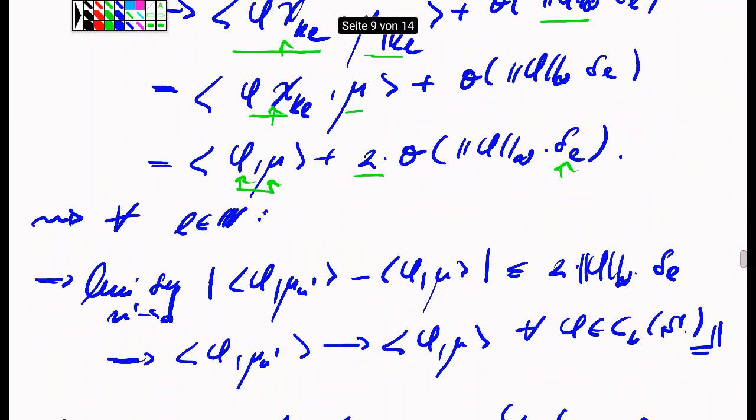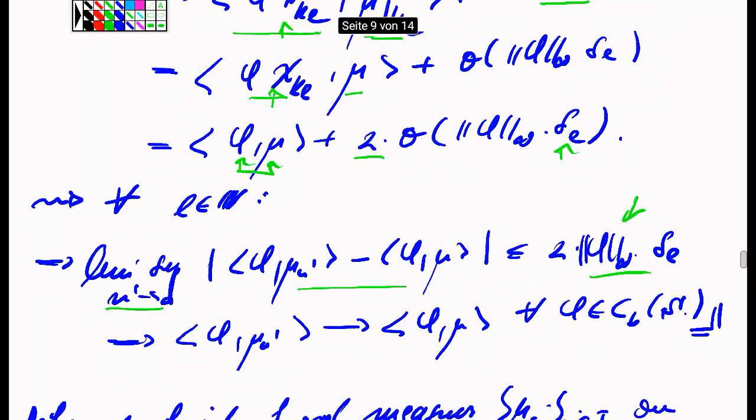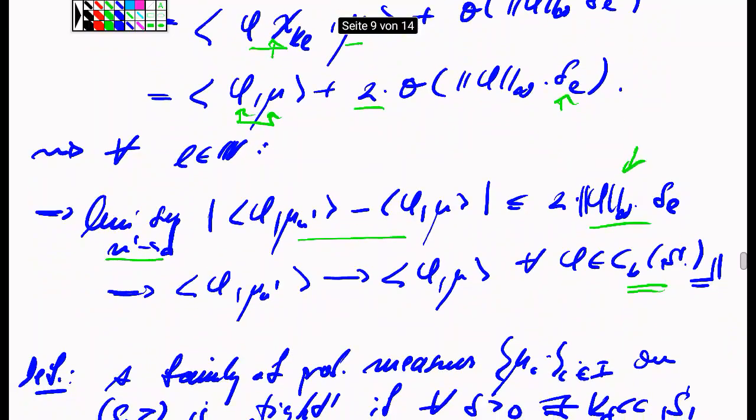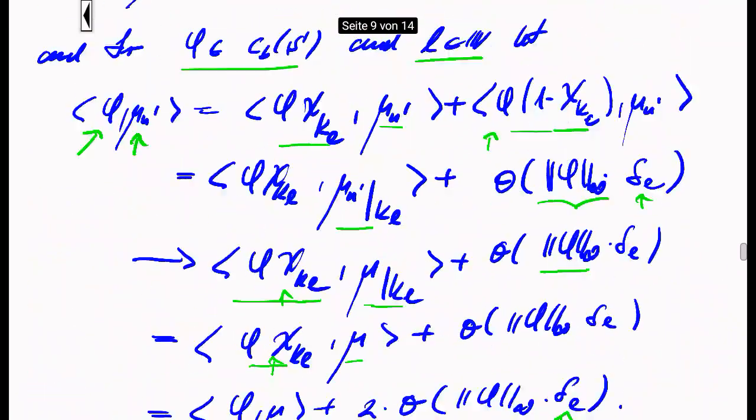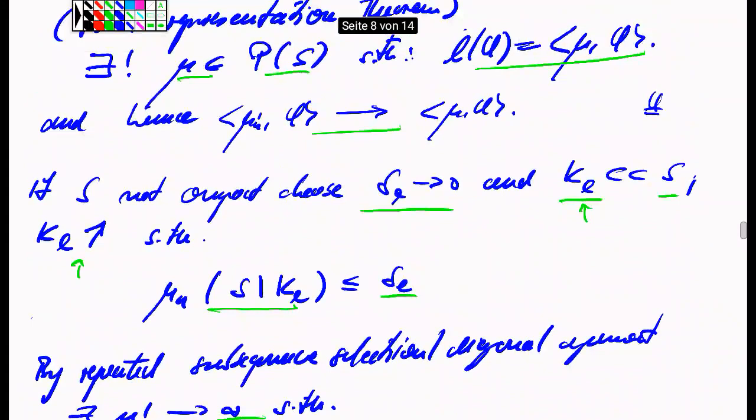So in the end, we find that this limit superior when n prime tends to infinity of the difference of these two integrals is bounded from above by 2 times the supremum norm of phi times delta_L, where L was arbitrary, and hence we can send L to infinity in order to convince ourselves that this convergence is actually true.